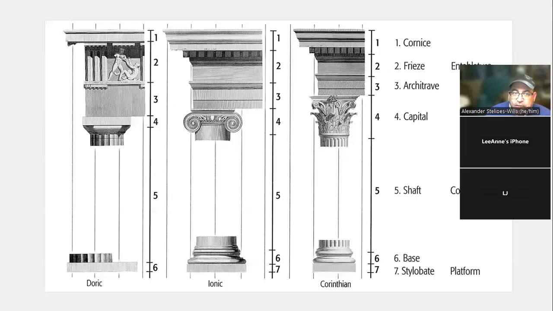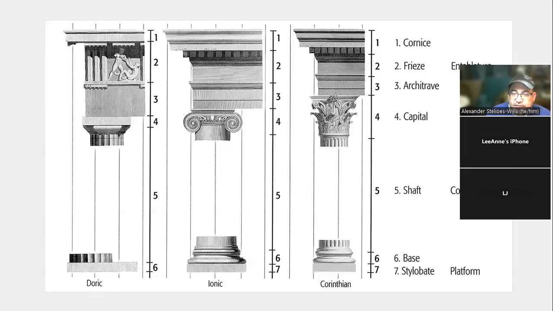One of the main things you might notice about the differences between the systems is the capitals, right? The Doric capital is just a round thing that holds up. The Ionic has these volutes, which look like ram's horns. And the Corinthian has leaf shapes that connect to volutes too, but instead of being sideways, they're more diagonally oriented.